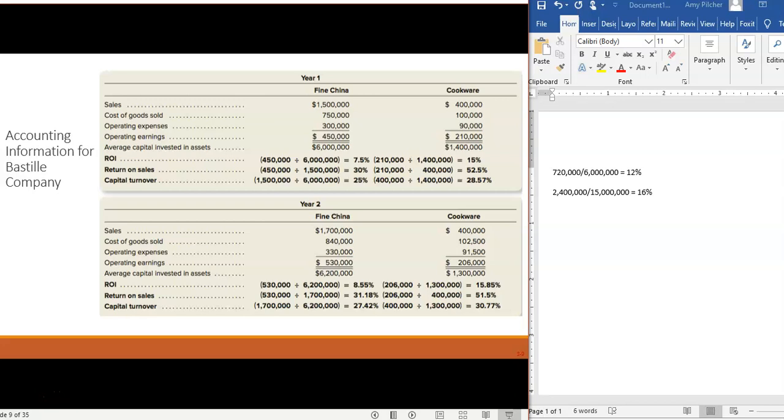We have fine china and cookware. So we have our sales, we have our average capital invested in assets, our operating earnings, and then we determine our ROI, our return on sales, and our capital turnover for each investment.